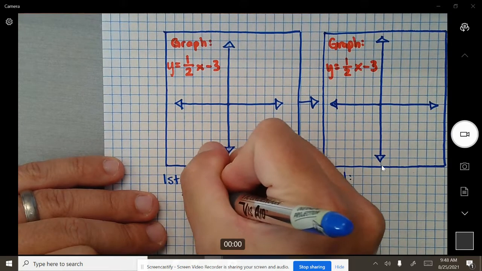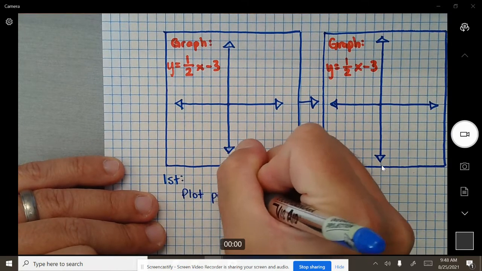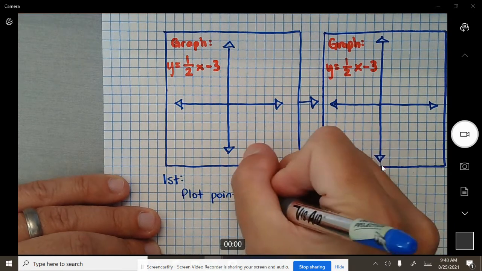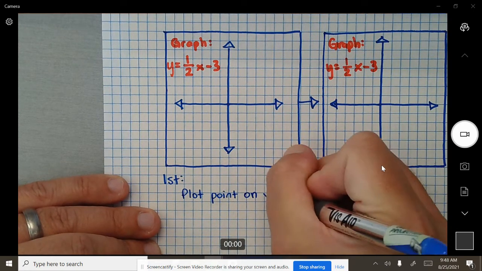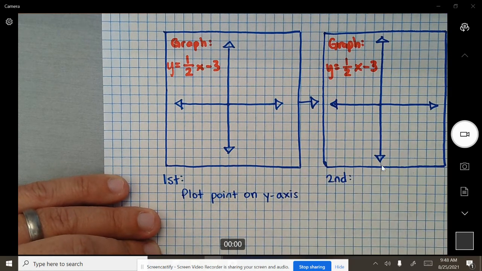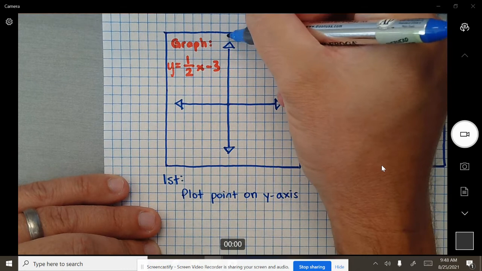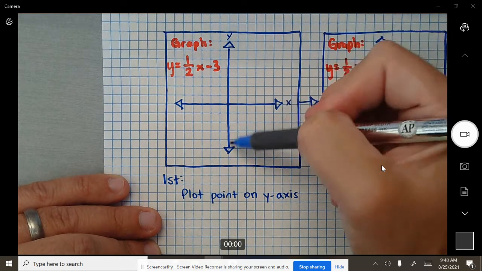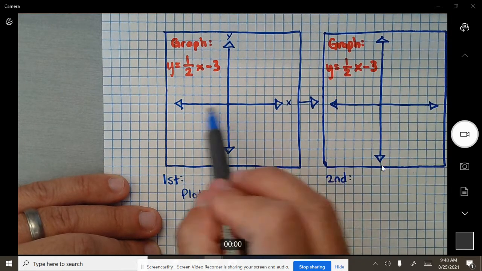First step, plot point on y-axis. All right, let me go ahead and go over where's the y. This is the y. This is the x. This is your y-axis. This is your x-axis.